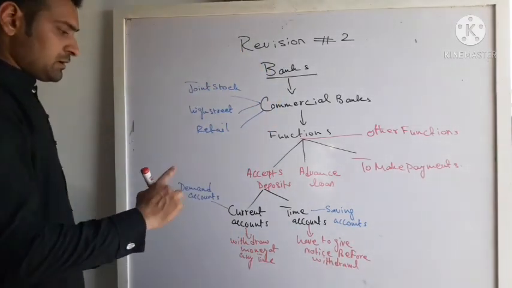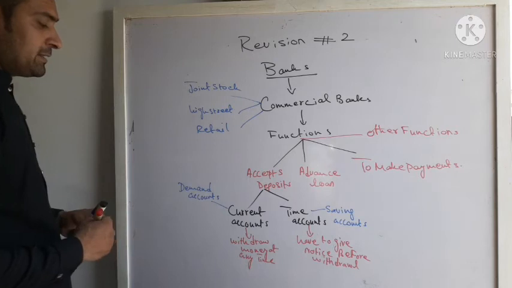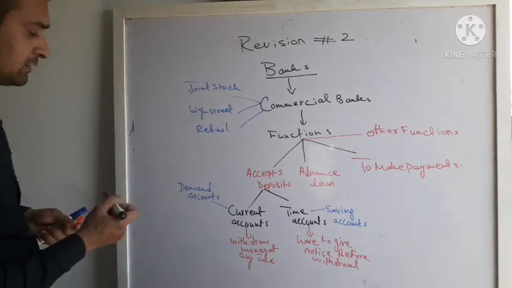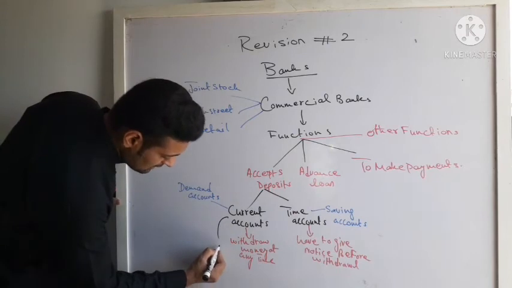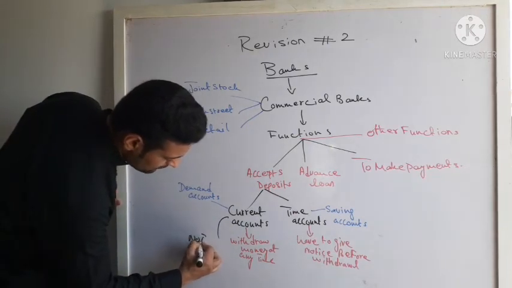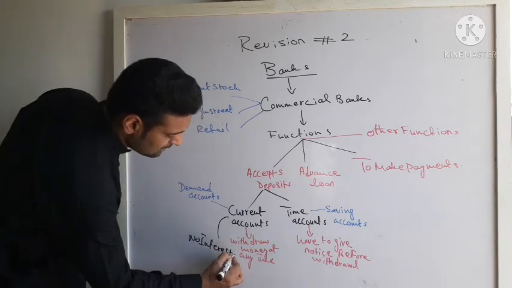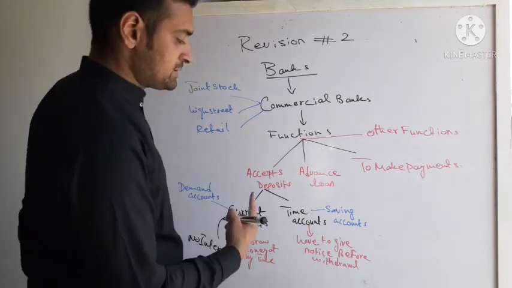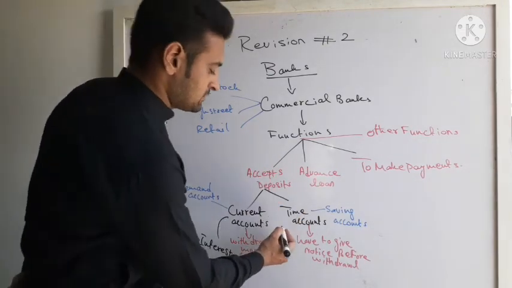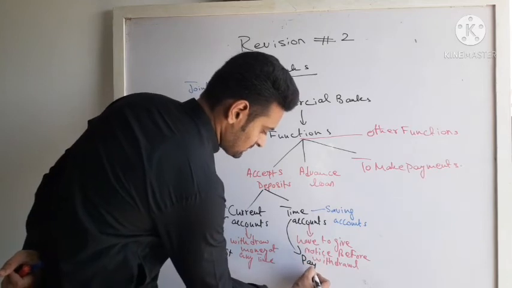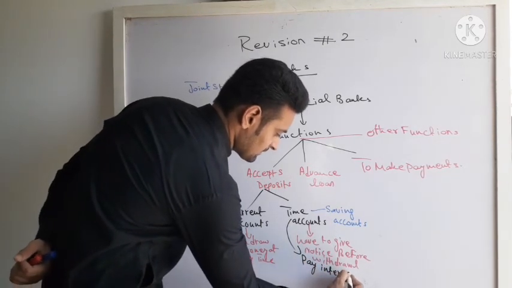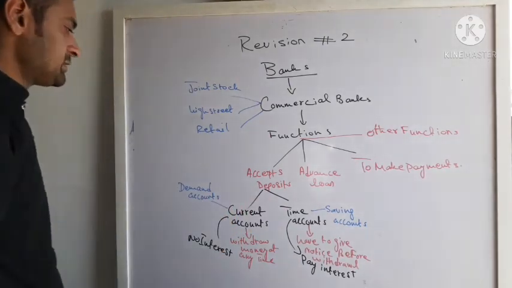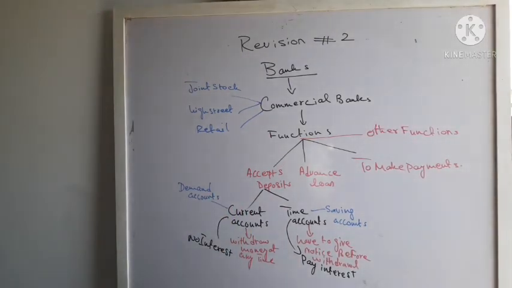That's why the bank pays no interest on the current account, but the bank is going to pay us interest on the saving accounts or the time account. So these are two differences which help us to distinguish between the current accounts and the saving accounts.